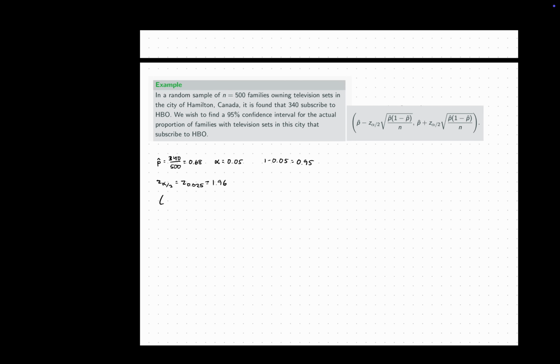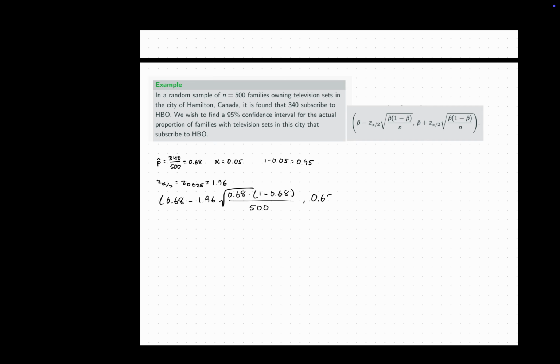So we can have our 0.68, that's our p, and then we have minus 1.96 times the square root of 0.68 times 1 minus 0.68 divided by n, which is 500. And then we have the same thing here, except we add.